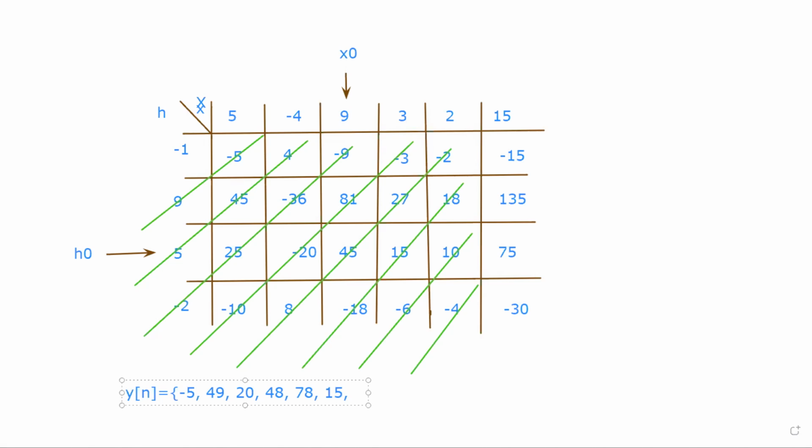And then 10 and minus 6 is 4, comma, space. And finally, minus 4, brackets. All right. So our convolution should be minus 5, 49, 20, 48, 78, 15, 4, minus.